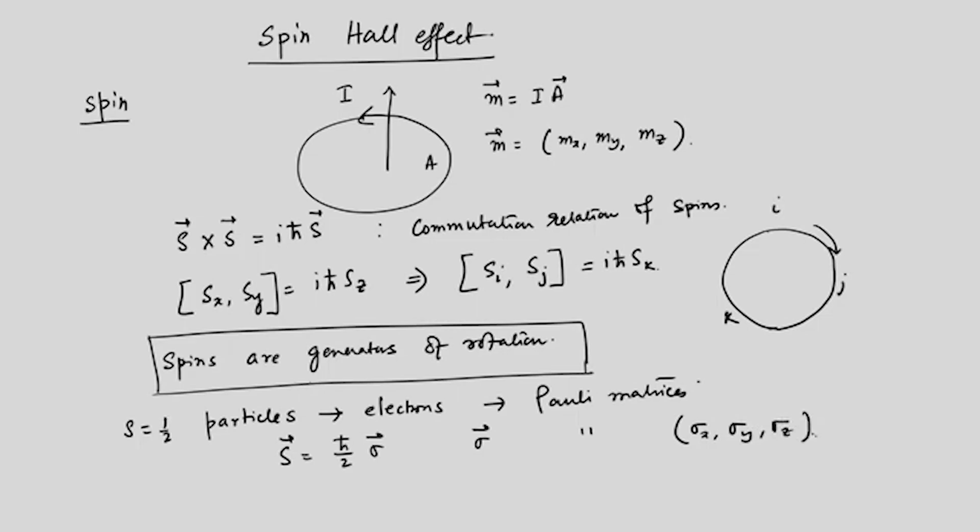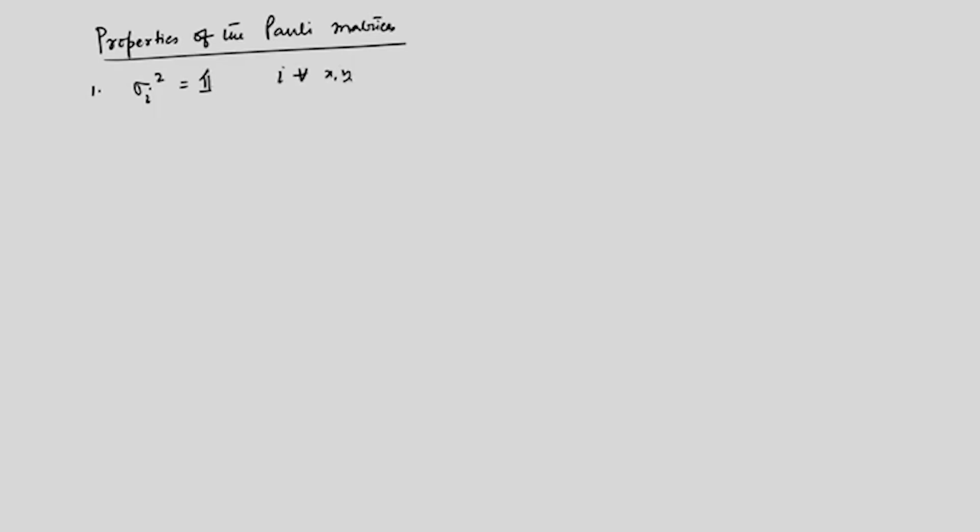So, these are the Pauli matrices that one talks about, and they have very interesting properties. Let me enumerate some of the properties of the Pauli matrices. One of the properties is that the square of each of them is equal to 1, for i being x, y and z.